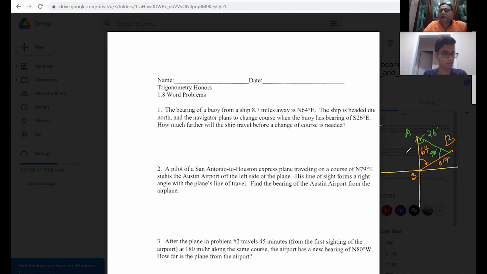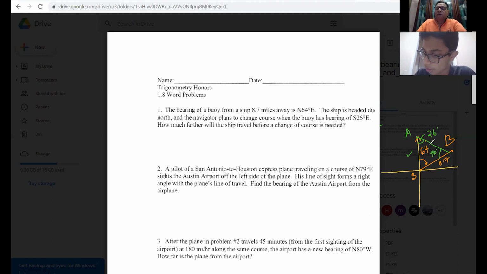So you can find this side, correct? That's simple now. So you know the base. You can use any one of these angles and find it, correct? Okay, so what answer do you get?